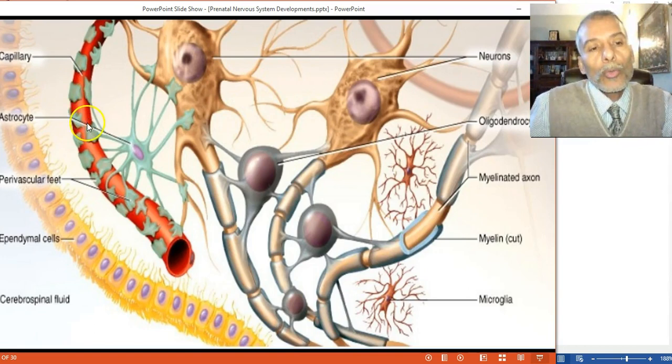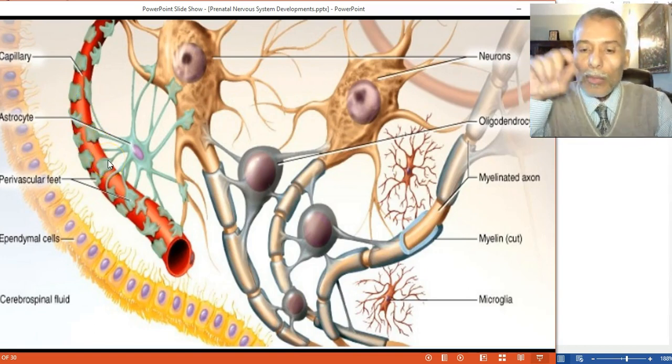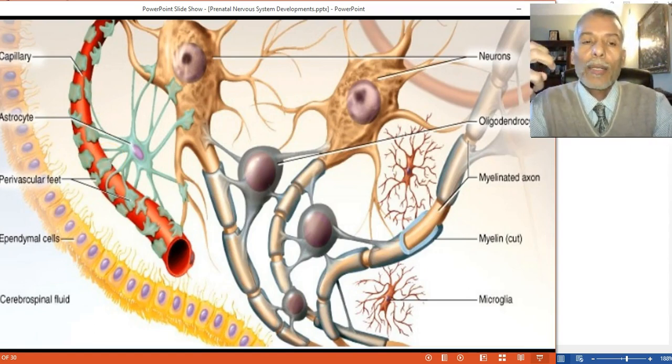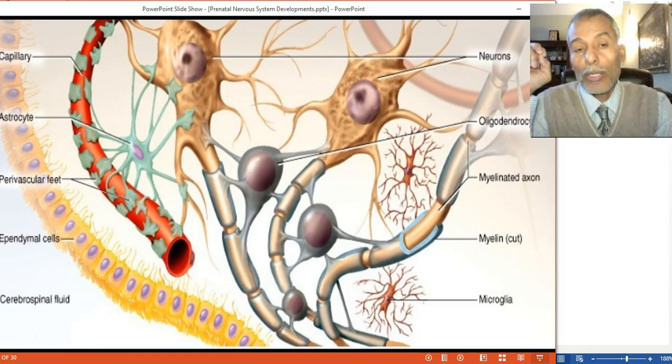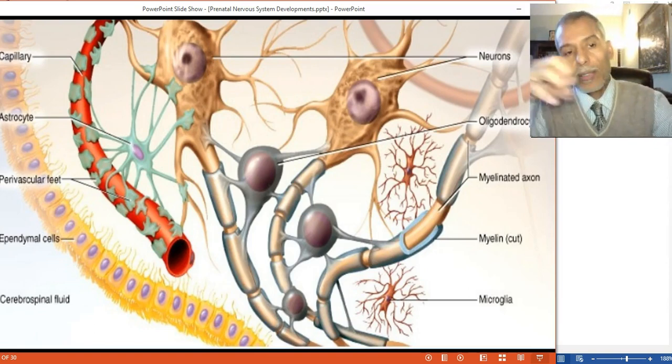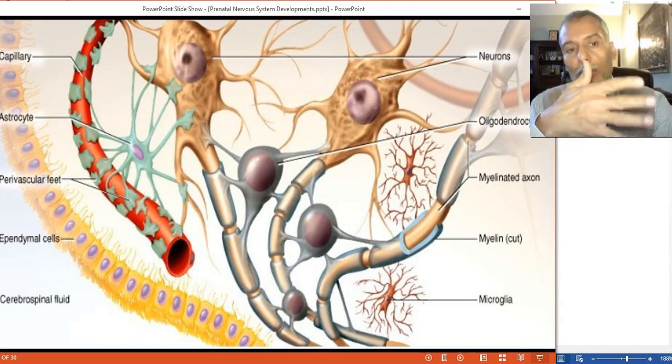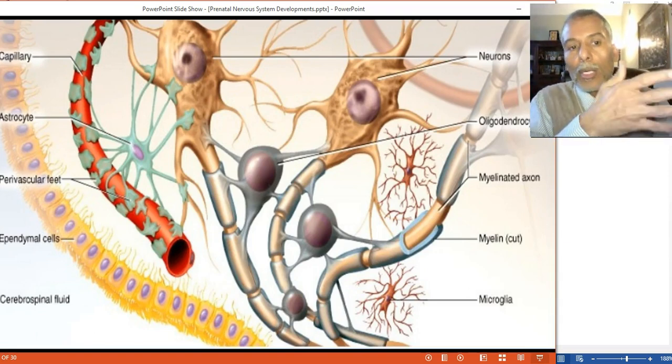So what it will do is, on the inside of the blood-brain barrier, there are specialized gates, channels, that are going to take in glucose and the nutrients that are needed by the neurons so that they can survive. And then everything else is basically shut out.